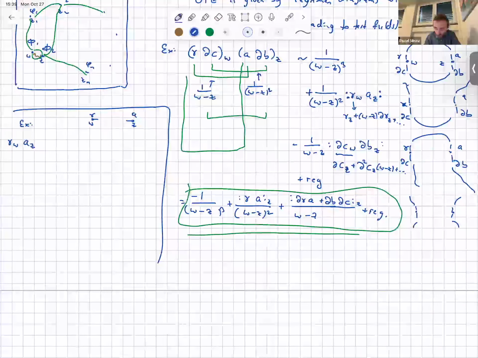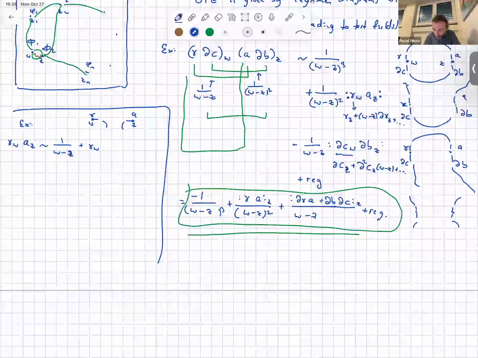When we connect them by an edge, this gives us 1 over W minus Z. And if we don't connect them by an edge, then we get gamma at W, A at Z normally ordered.